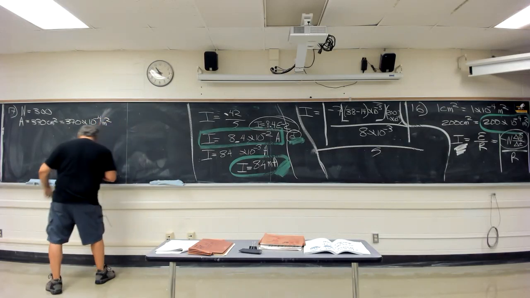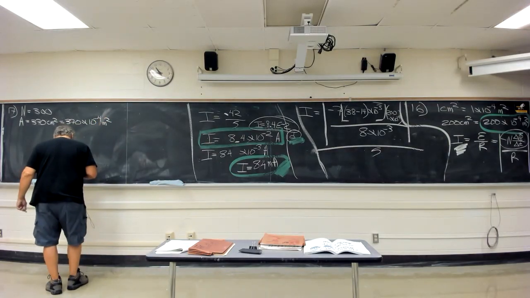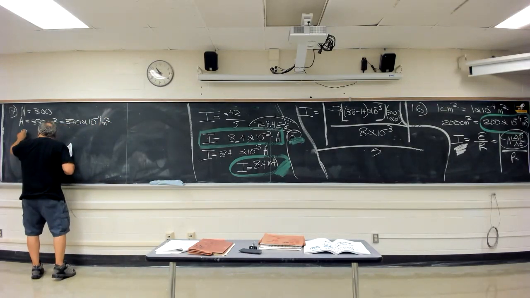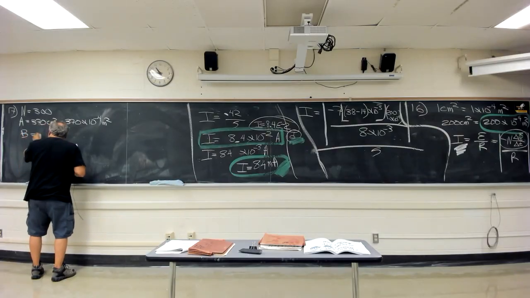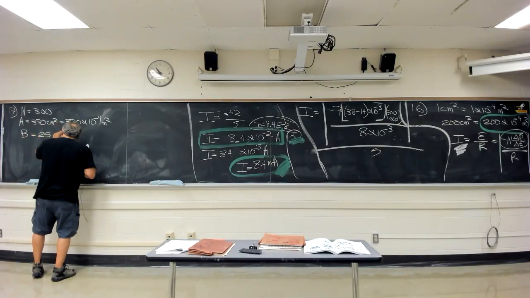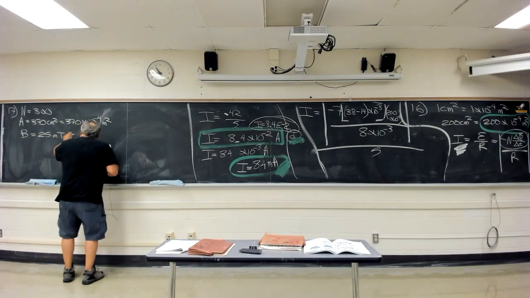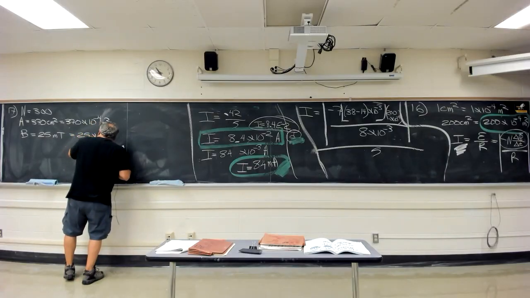So we got that. The B field, B, is 25 millitesla. Milli is 10 to the negative 3.